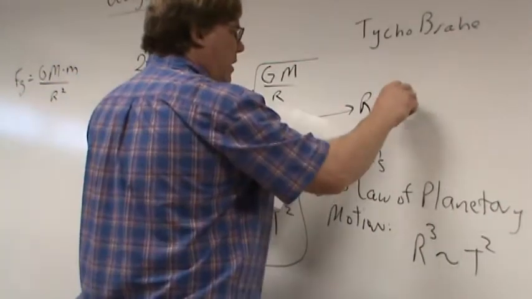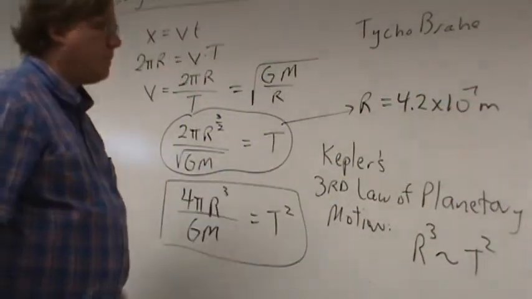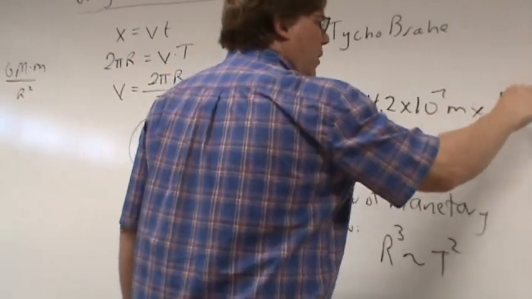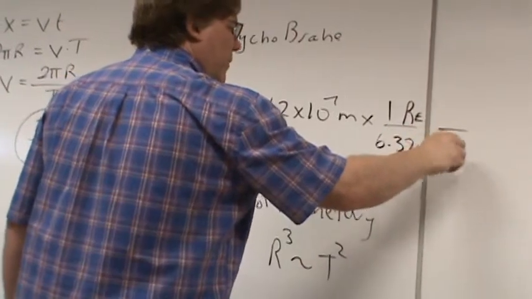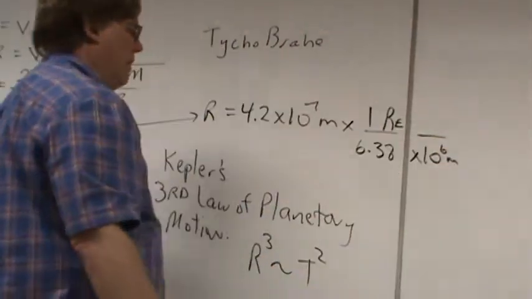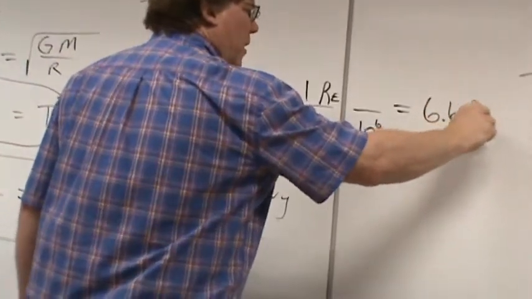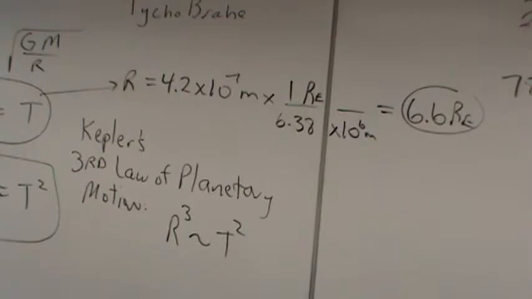You get approximately 4.2 times 10 to the 7th meters. Which means if I multiply by 1 Earth radius for every 6.3 times 10 to the 6th meters, that radius ends up being approximately 6.6 Earth radii away from the center of the Earth.